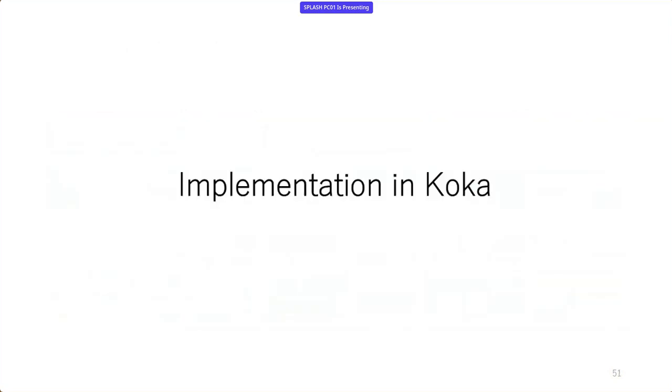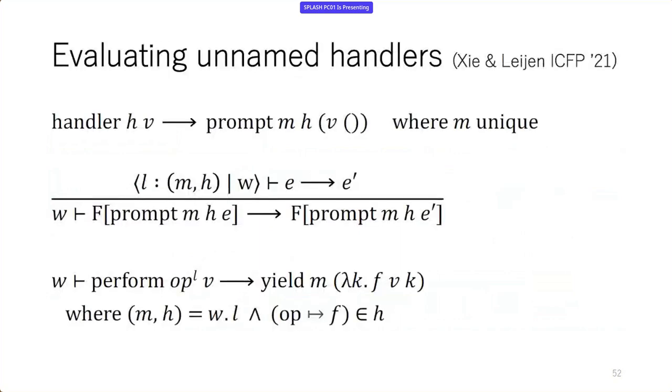So in Koka, we implemented all the variations of named handlers. So let me briefly talk about the implementation. In Koka, effect handlers are evaluated under the evidence passing semantics.